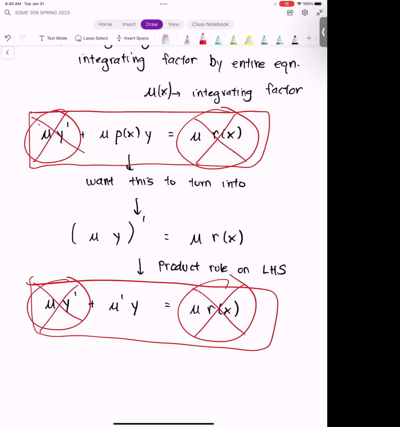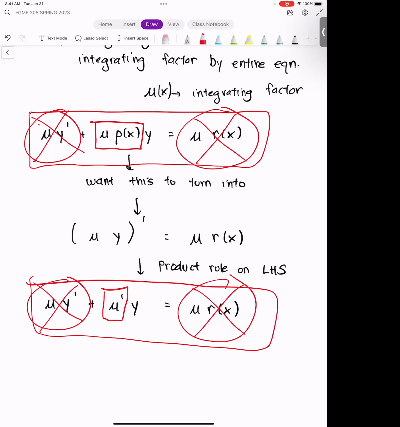Where these equations are different is going to be in the second term. In the second term, for the first equation here, remember that first equation we obtained just by multiplying our original equation by mu of x, we have this coefficient mu p of x. And in our second equation here, we have mu prime.